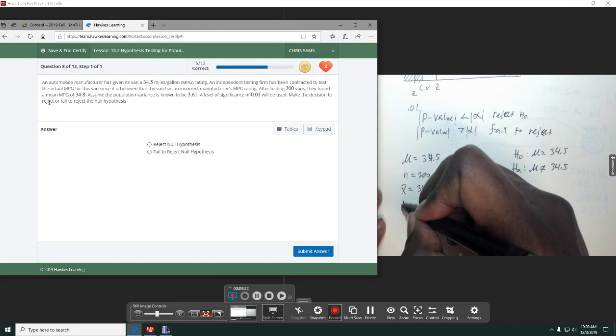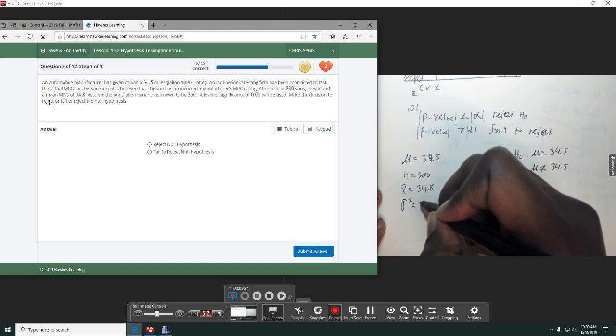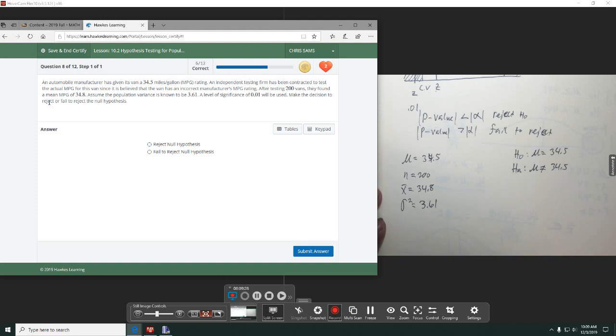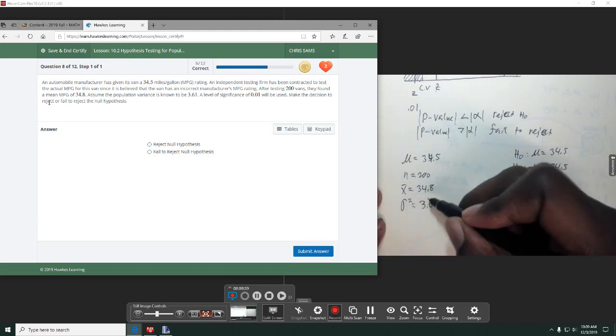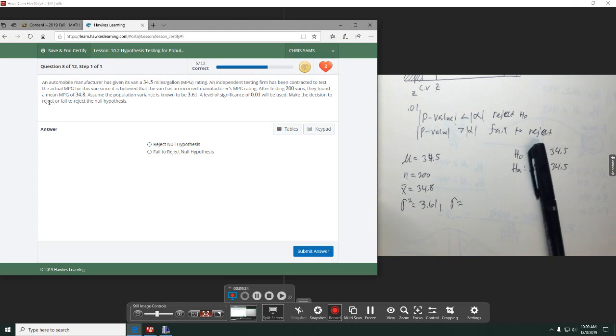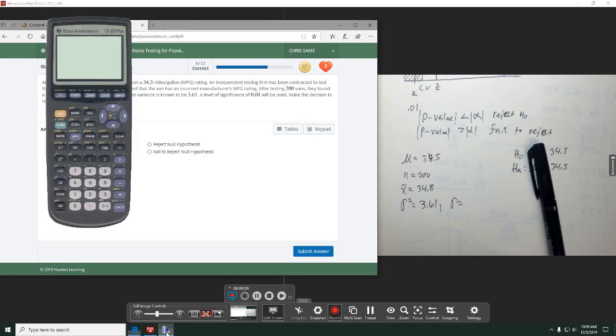So sigma squared is 3.61, which we need to find standard deviation, so we got to take the square root of that. So sigma is equal to, and let me find that before I use the wrong number. Got to be careful. Sometimes they'll throw different values in there. So square root 3.61.